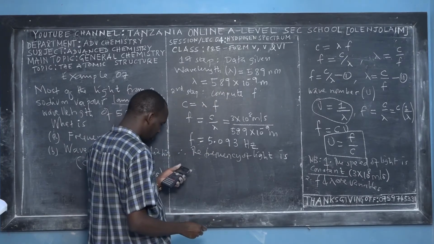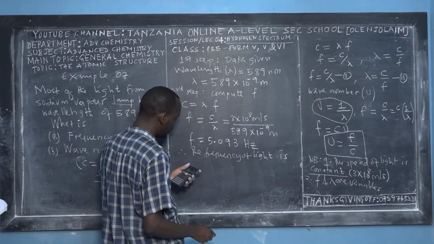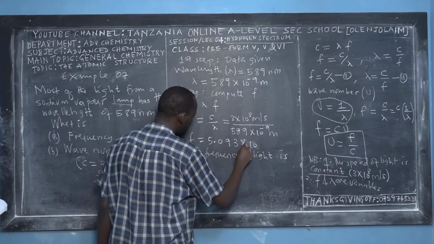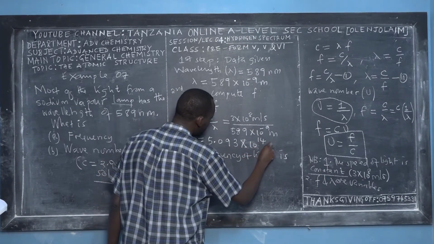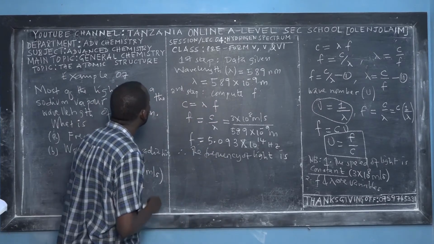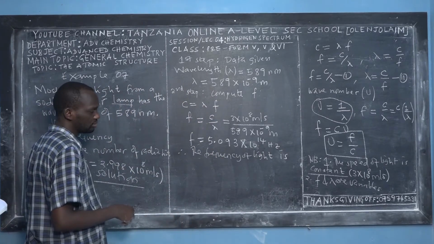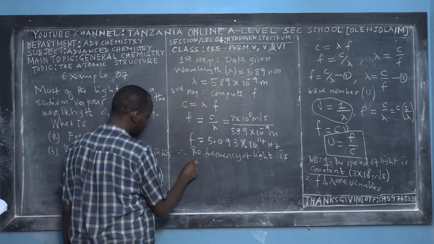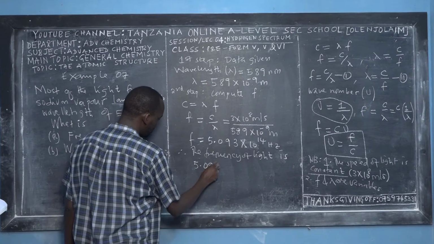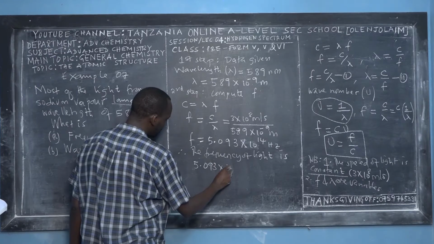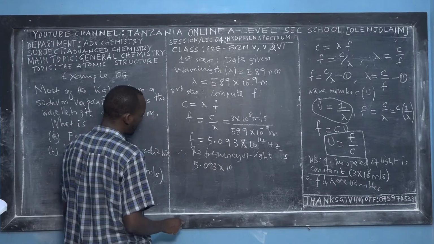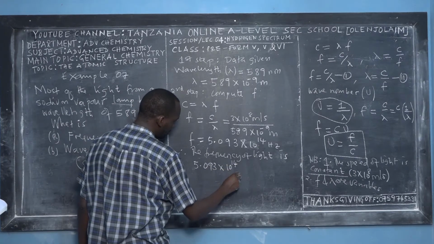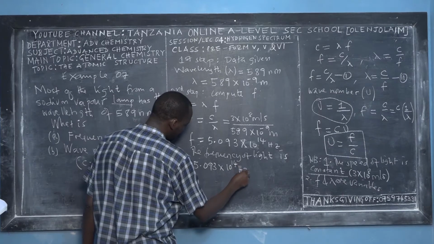This is a higher frequency compared to the specimen. So the frequency of light is 5.093 times 10 to the 14.